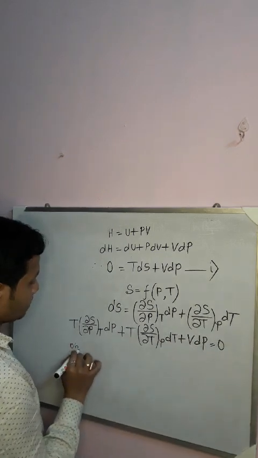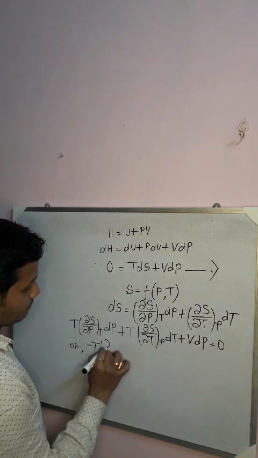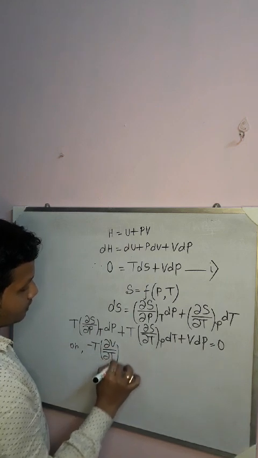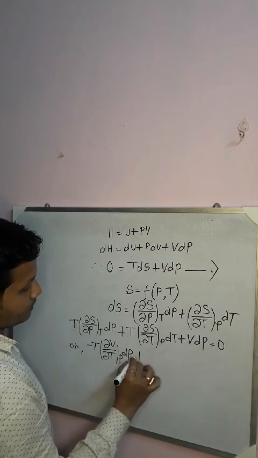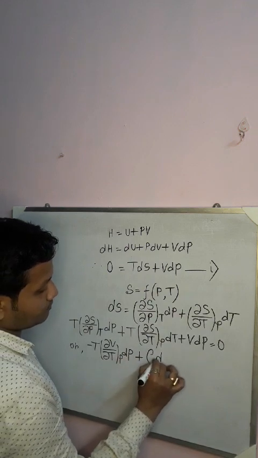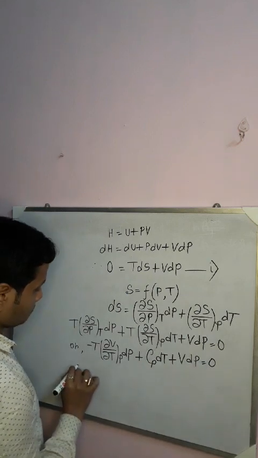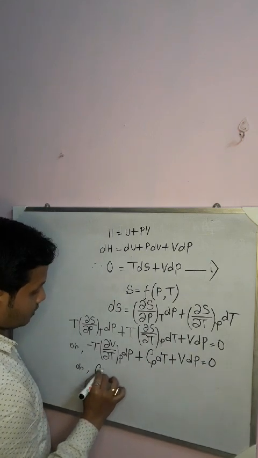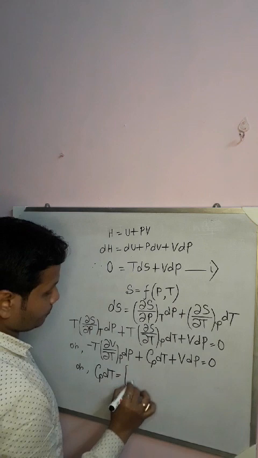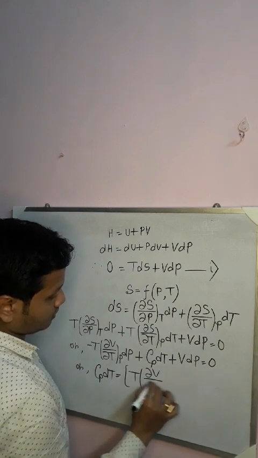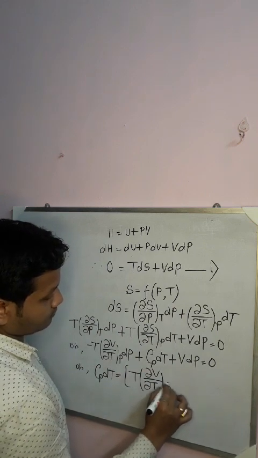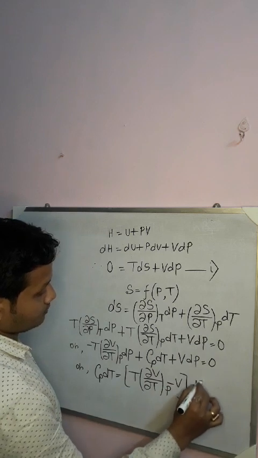Now from Maxwell's relation, this can be written as minus (del V del T) at constant pressure, and this is simply Cp. So Cp dT plus V dP equals 0. So this is simply Cp dT equals T (del V del T) at constant pressure minus V, times dP.